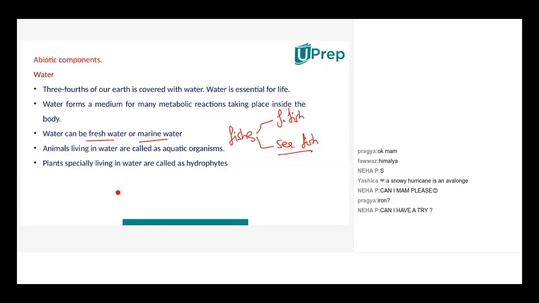So what kind of fish are goldfish? I think it's a river fish, because if it was a marine fish, it could not have survived in the normal water that we keep. It would require salty water. So goldfish is a freshwater fish. We always keep normal water in the aquarium.